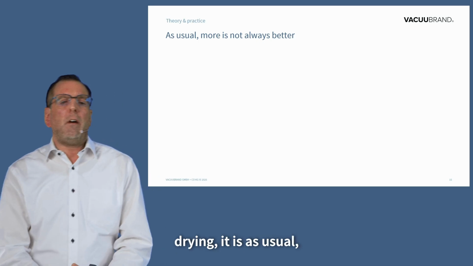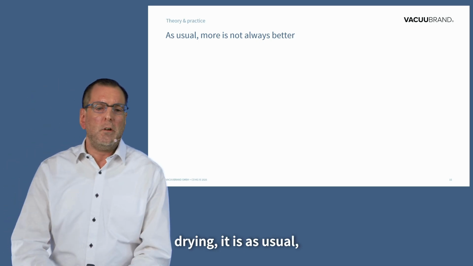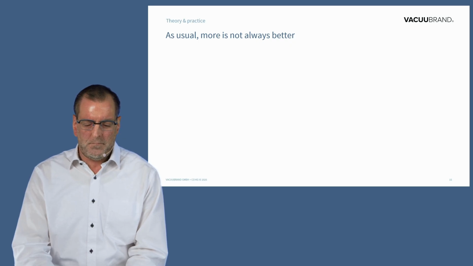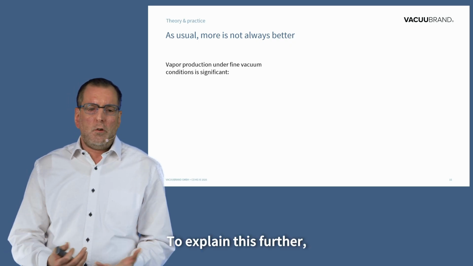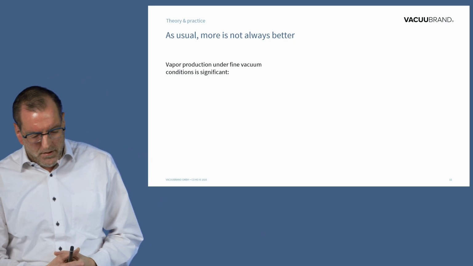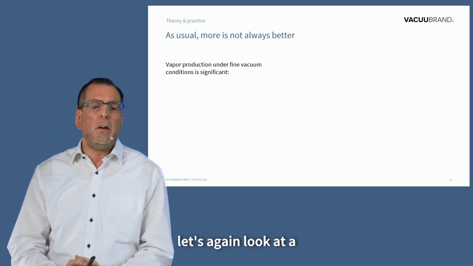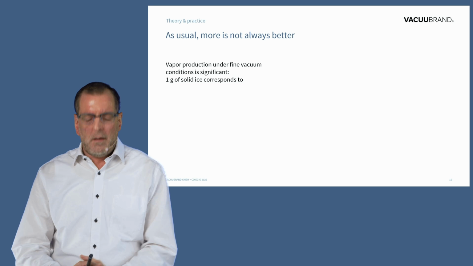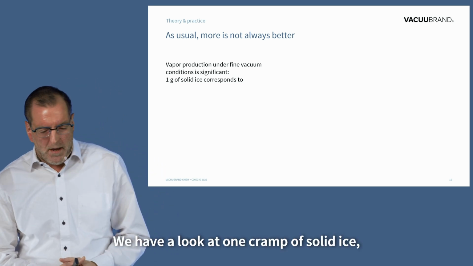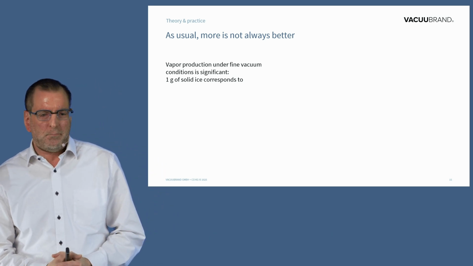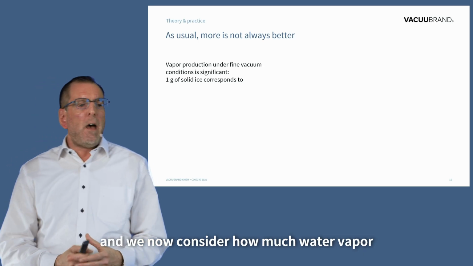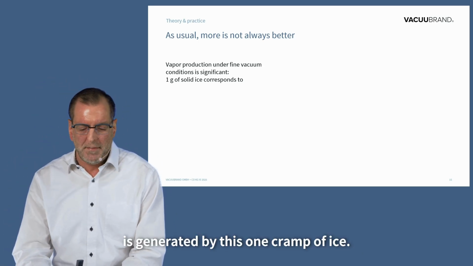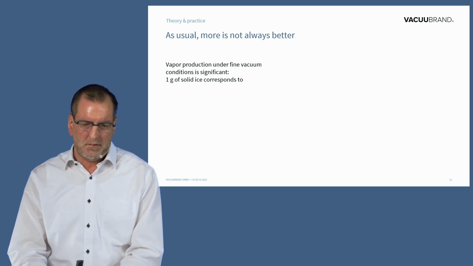Now, looking at freeze drying, as usual, more is not always better. To explain this further, let's again look at a small thought experiment. We look at 1 gram of solid ice, and we consider how much water vapor is generated by this 1 gram of ice.